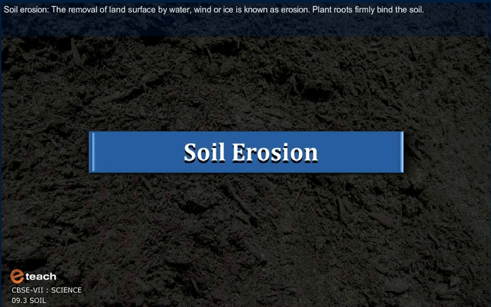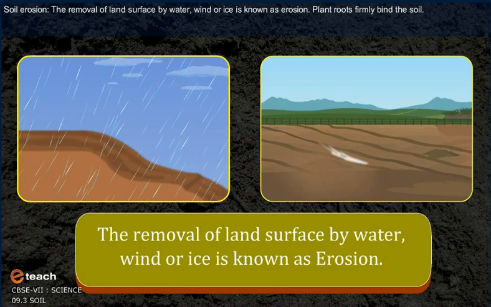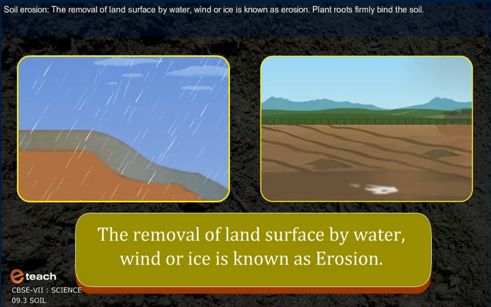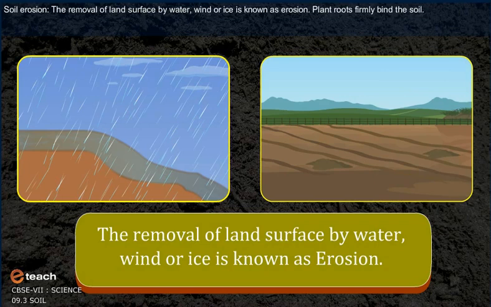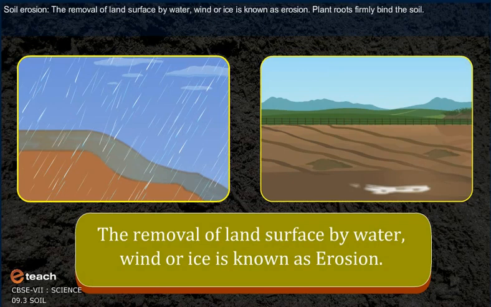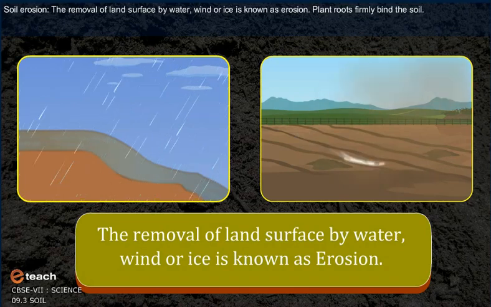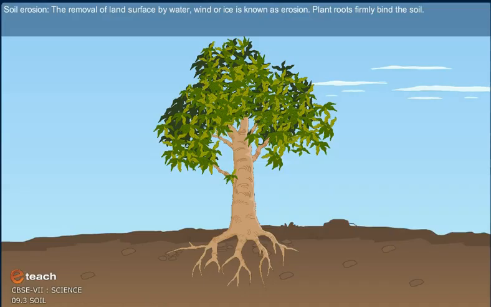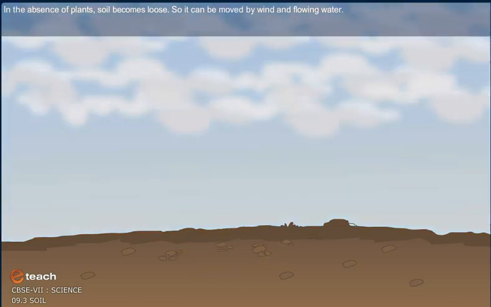Soil erosion. The removal of land surface by water, wind or ice is known as erosion. Plant roots firmly bind the soil. In the absence of plants, soil becomes loose, so it can be moved by wind and flowing water.